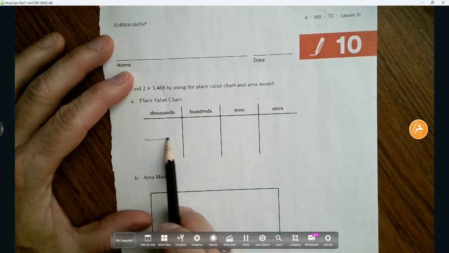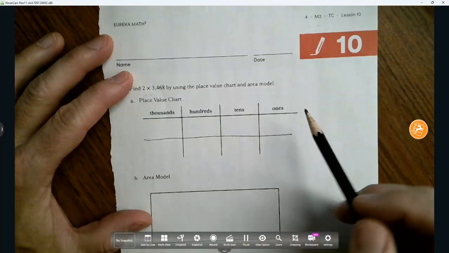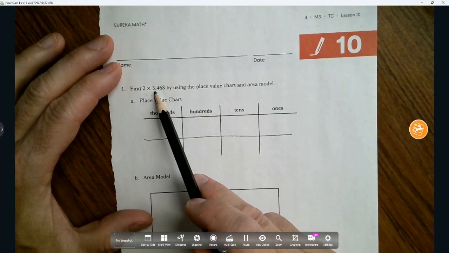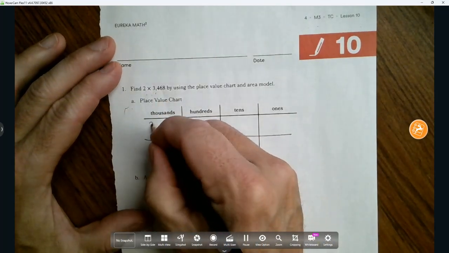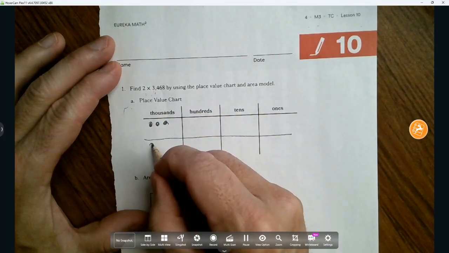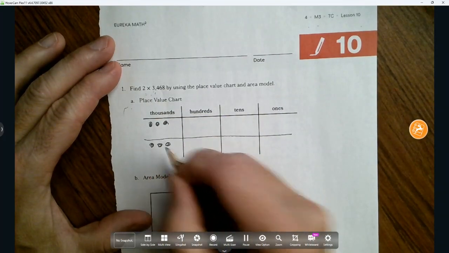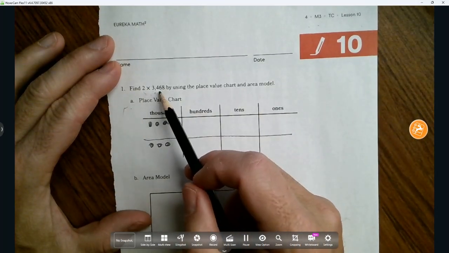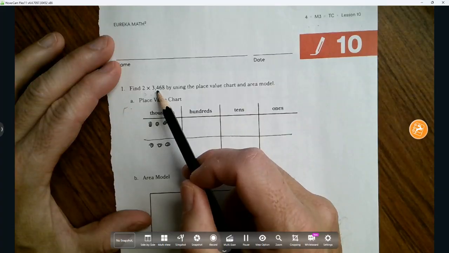All right, so we need 2 sections, right? Because we're multiplying by 2. So we need 3,000, so 3,000s. So 1, 2, 3. But we need it in 2 spots. 1, 2, 3. Okay, we need 2 times 4.